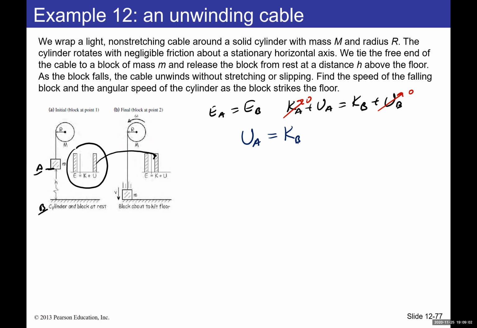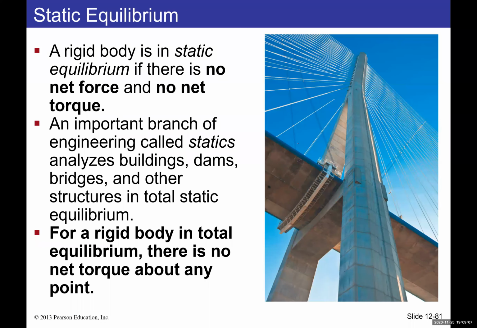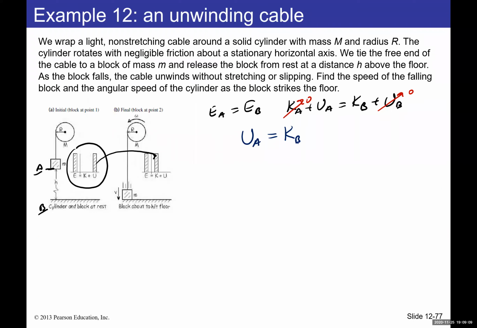The only thing here is there are two types of kinetic energies. Potential energy is m times g times h, and h is the height of point A relative to point B. But for the kinetic energy, I have the kinetic energy of mass m, the falling object, 1/2 m v squared.